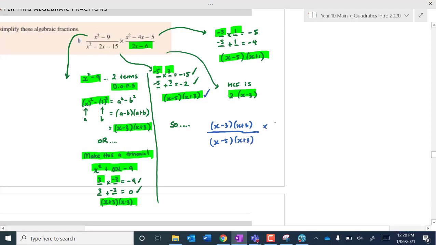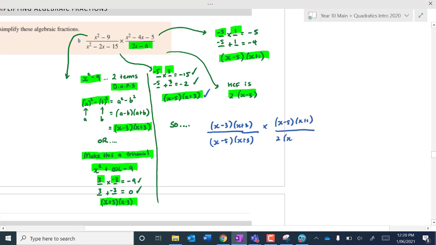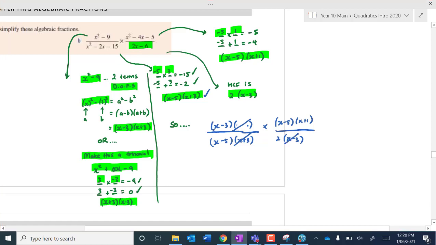And then over here, we've got x minus 5, x plus 1. And over here, we've got 2x minus 3. So hopefully you can see that these are all multiplied, so these cancel. These cancel over here. These cancel over here. And I'm just simply left with x plus 1 over 2.